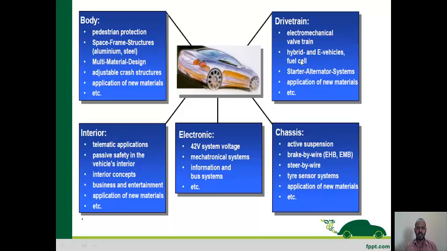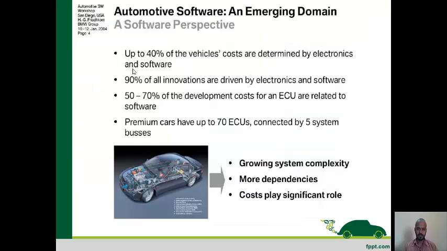Drivetrain is a combination of engine plus transmission system, along with chassis related electronics, and similarly interior related electronics like telematics, applications, passive safety, active safety, and similarly body related like pedestrian protection, smart body systems and so on. So electronic systems have to be used in modern day vehicles in all categories of systems.